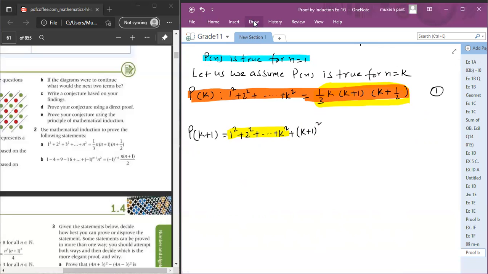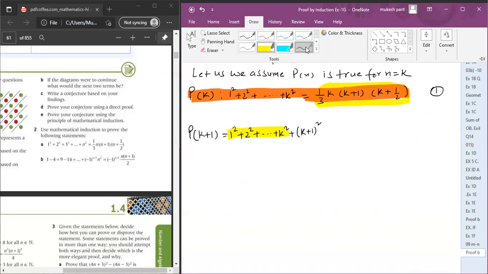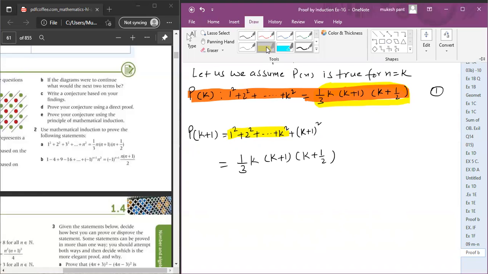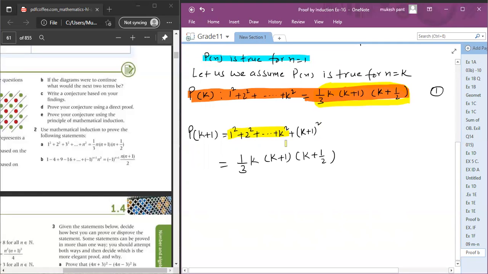On the place of this, I have to use this result: 1 over 3, k, and k plus 1, and k plus half. This result I'm simply copying from here. This is from P(k). This is the result of P(k).